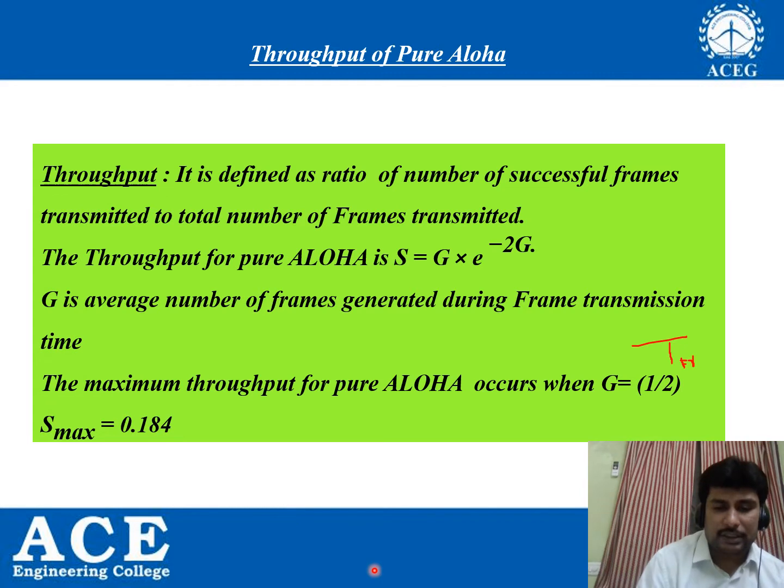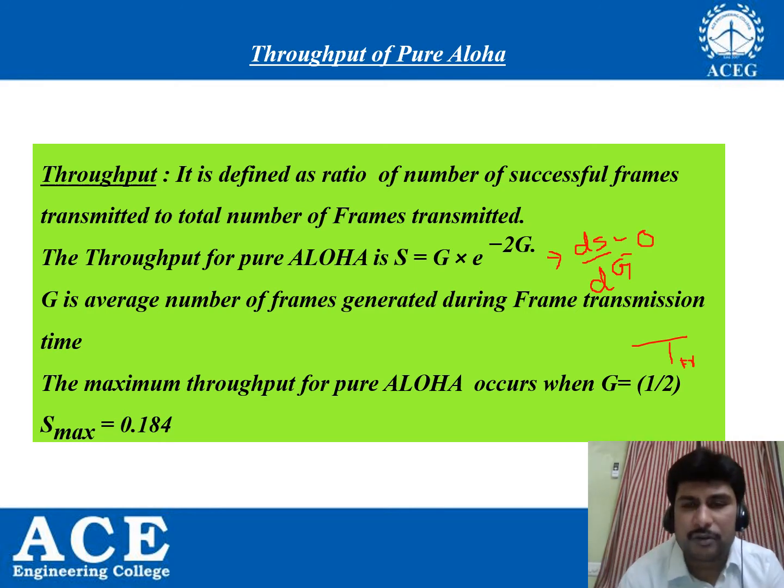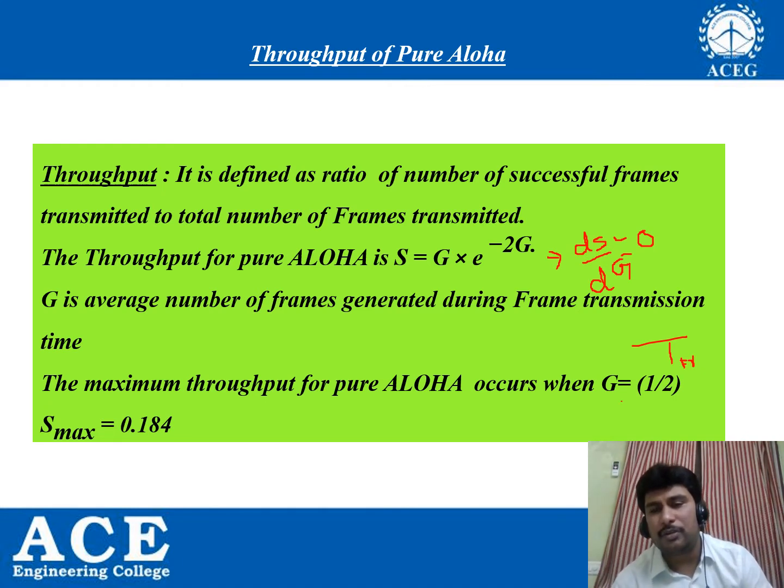To get this expression, what we have to do is take this equation, differentiate the throughput equation with respect to the average number of frames G, and make this value equal to 0. When you do this, we get the value G equal to 1 by 2.